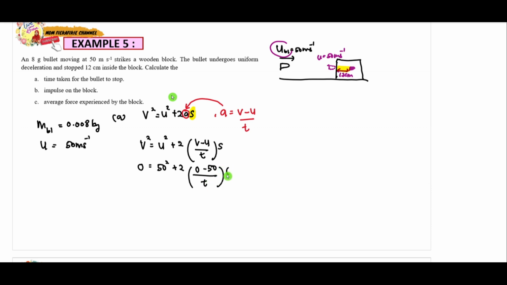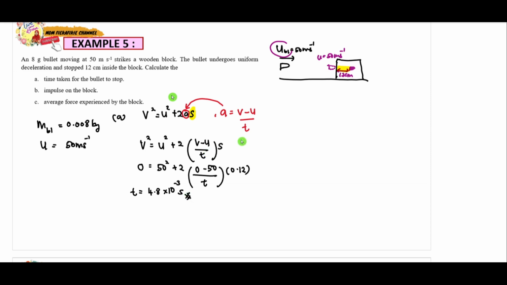S, make sure you change 12 cm to meter. Okay, and then after calculation you akan dapat T is equal to 4.8 times 10 power of negative 3 seconds.